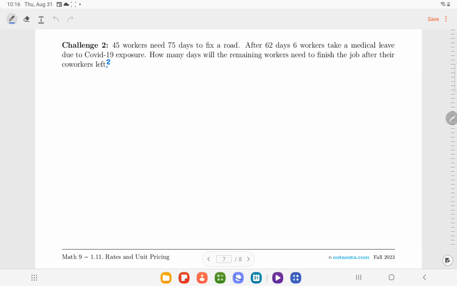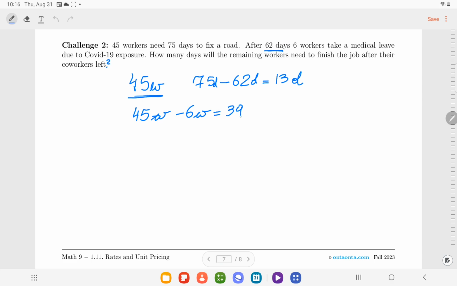In order to complete the job, 45 workers would have to work for another how many days? 75 days in total, but they already worked for 62 days. So they would need another 13 days if all the workers stayed on the job. However, since 6 workers left, we now have 45 minus 6, which leaves 39 workers.